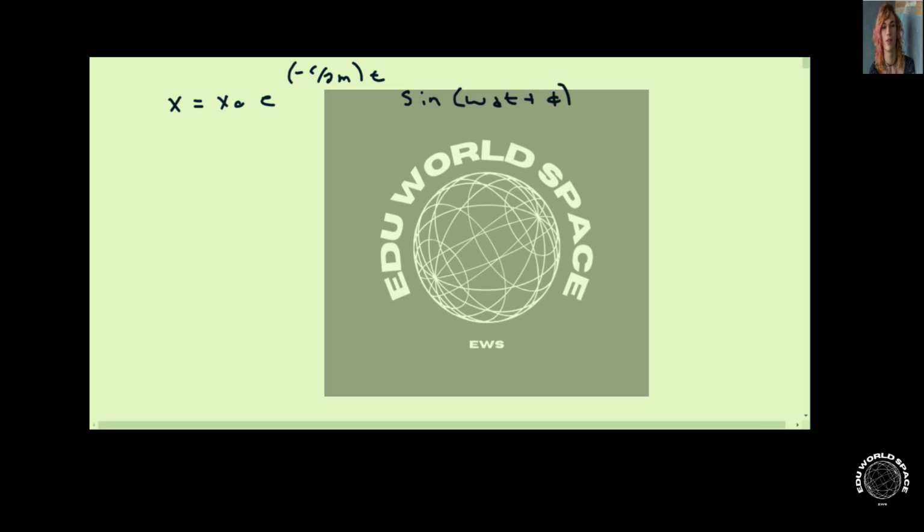And the derivative here, or x dot, is going to be x naught omega d e to the minus c divided by 2m t cosine omega d t plus phi.